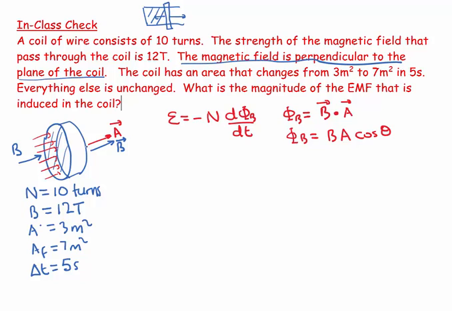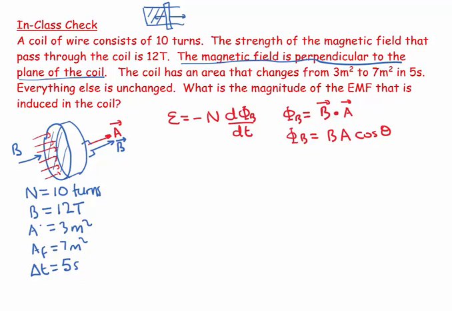The magnetic field is perpendicular to the plane of the coil, and the area vector is by definition perpendicular to the plane of the coil. So these two are parallel to each other.